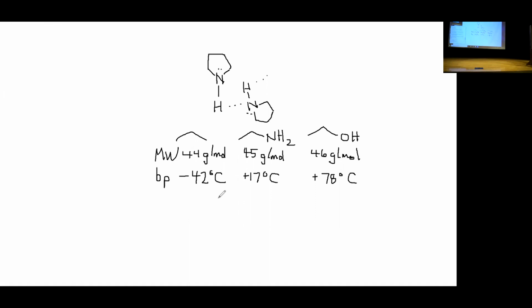But look at their boiling points, which again, I don't expect you to memorize, but we go up from -42 to +17 when we change a carbon to a nitrogen. That's the effect of the hydrogen bonding. It says we need to detach the molecules one from another, and that takes energy. In this case, energy to the tune of close to 60 degrees Celsius.